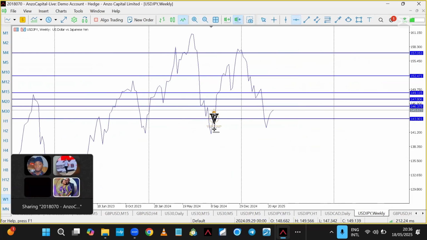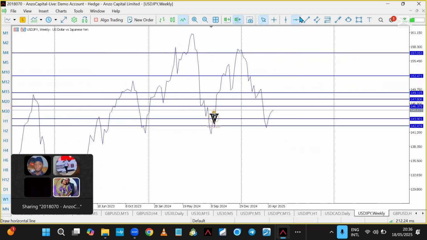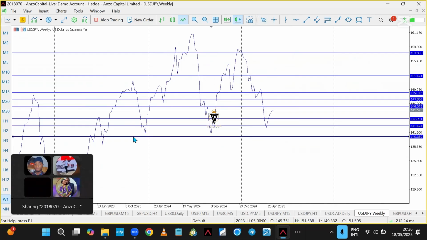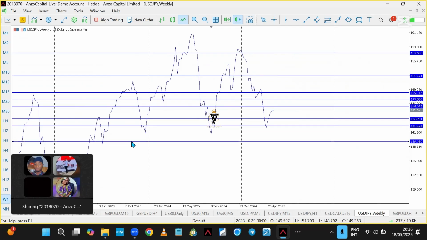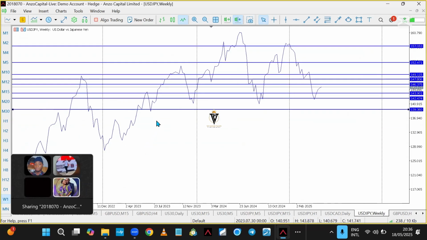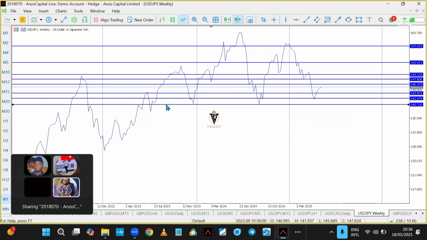Let me see if I can see 3 below price on the weekly time frame. I can't find any other place. Weekly, okay.